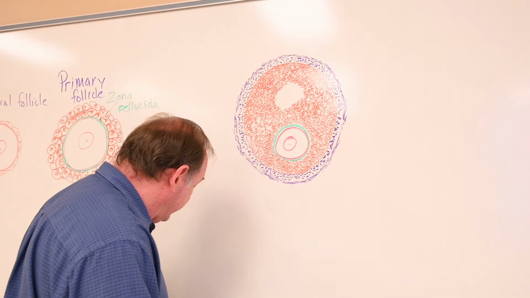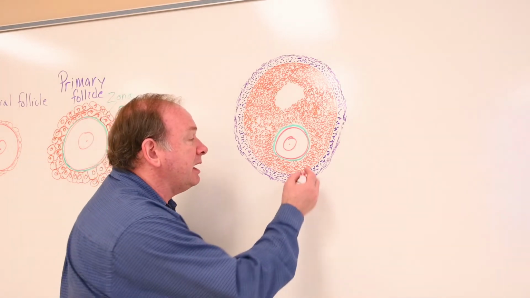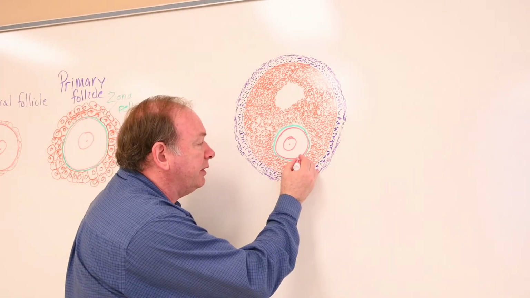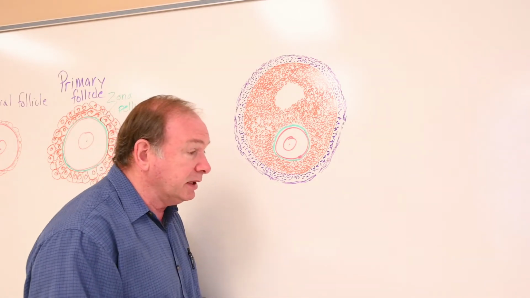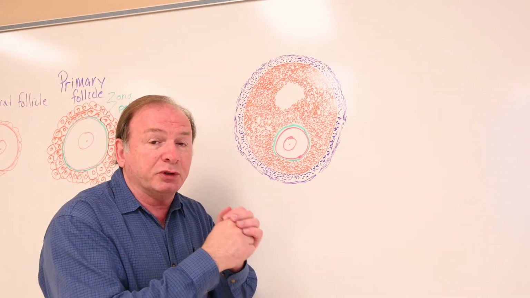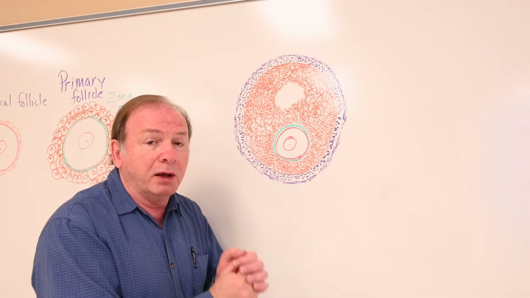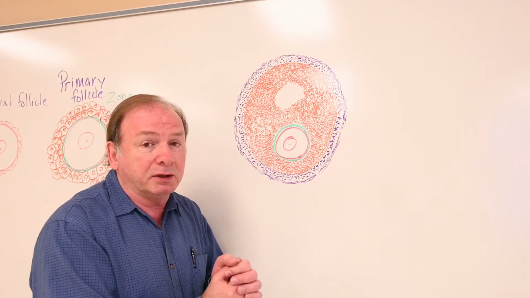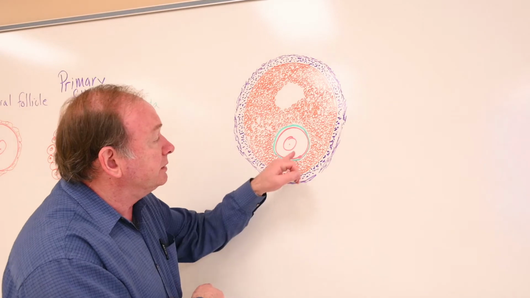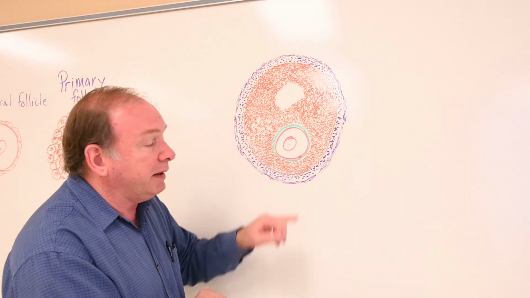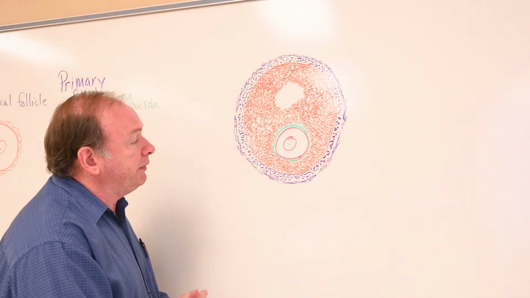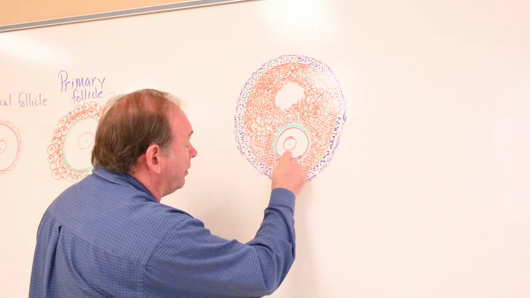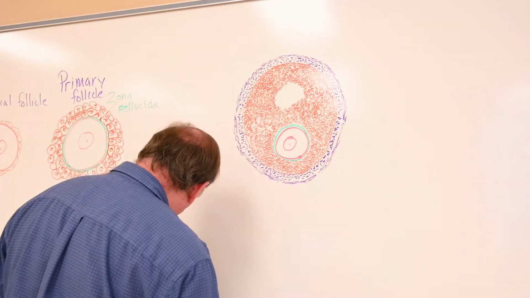The other cell that results is a very tiny little piece that's pushed off here to the side. I'll just make a little mark right there. Very small mass that just contains that extra chromosomal material that results from the first meiotic division. So now this is a haploid nucleus here, and there's that little haploid, what we call a polar body, off there on the side.